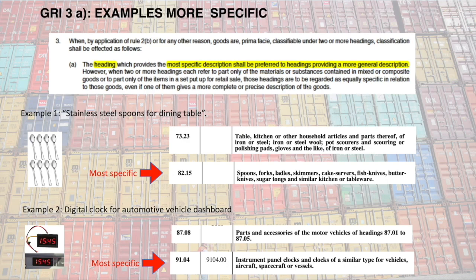For example, they could be heading 7323, that includes articles for domestic use and their parts made of cast iron or steel, etc. And the other option would be heading 8215, that includes spoons, forks, ladles, skimmers, etc. In this case, we choose heading 8215 because this one specifically mentions spoons, while 7323 only generically names a series of products, household items.